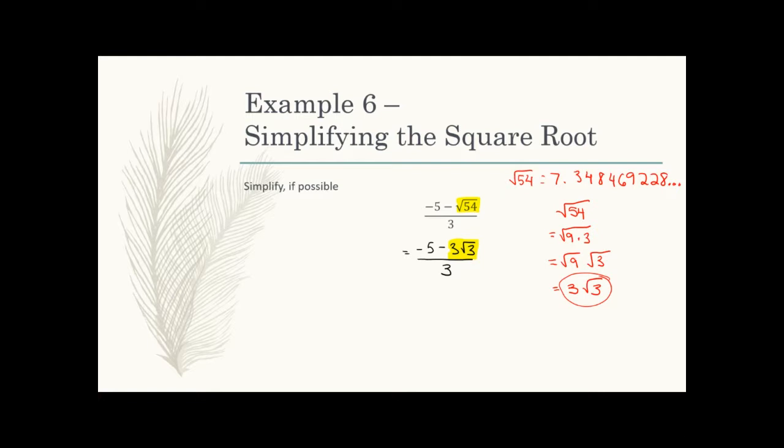So 54 is 9 times 3. So I'm taking numbers that I can multiply together to get to 54, and I'm trying to pick numbers that I can take the square root of. So let me do this on the left here. Numbers that multiply to 54.